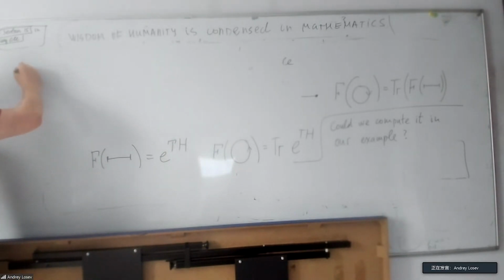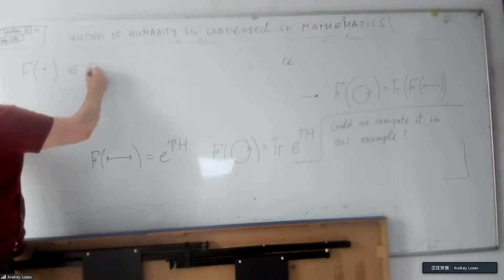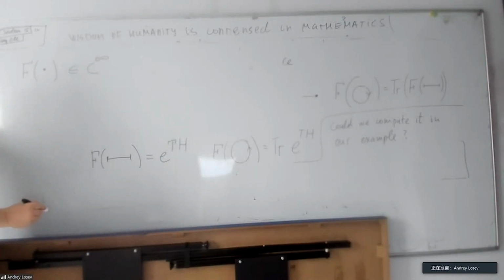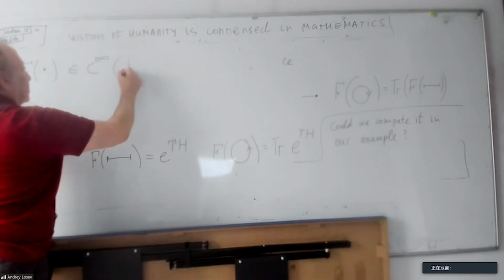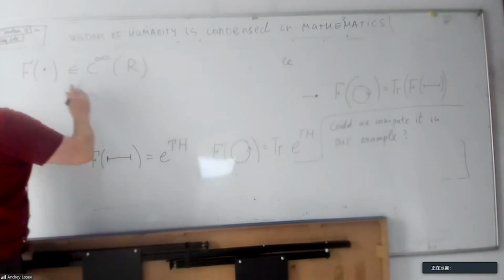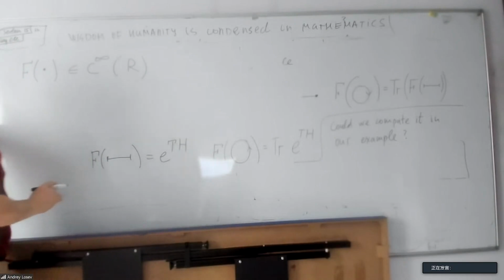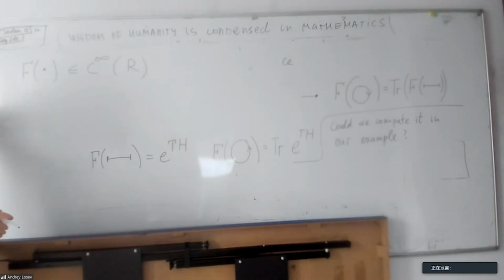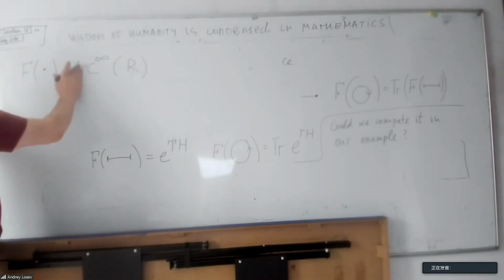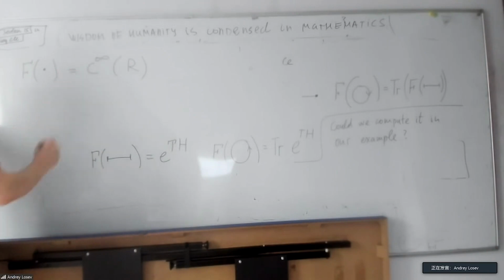So in our example, f associated to the point is the space of smooth functions on R. Is that a point of the interval or of the circle?